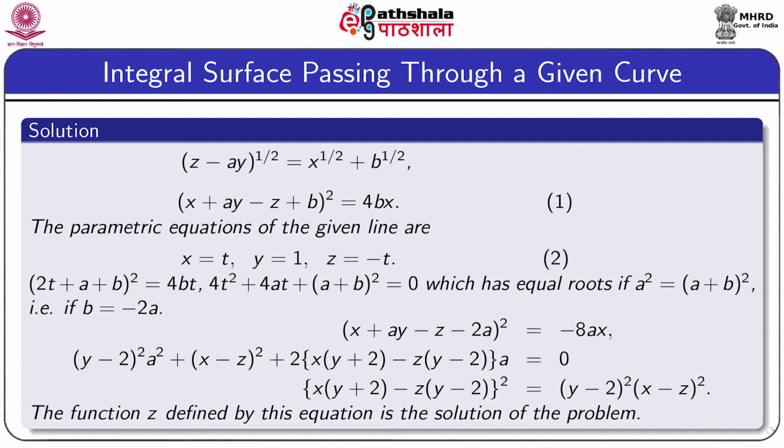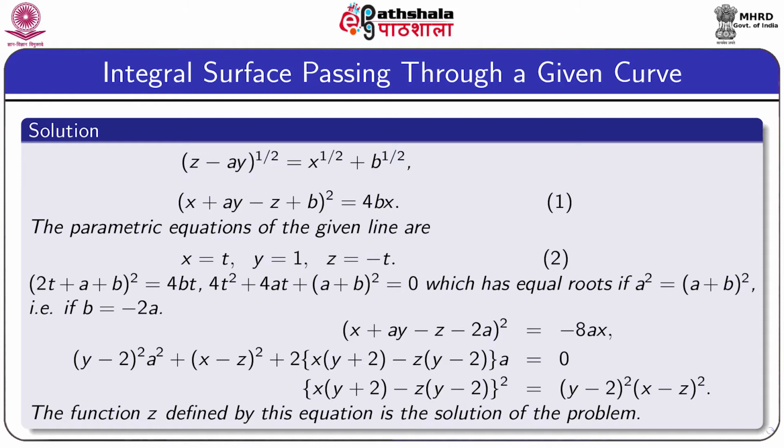Now, the envelope of this one parameter system will give our required integral. To find the envelope of this system, we have to solve this equation together with del by del a of this function equals 0.